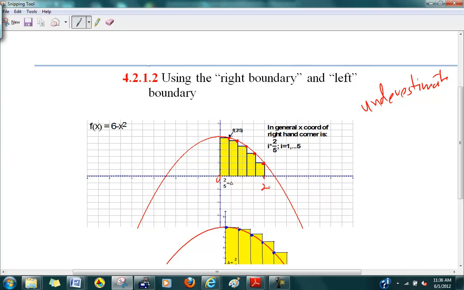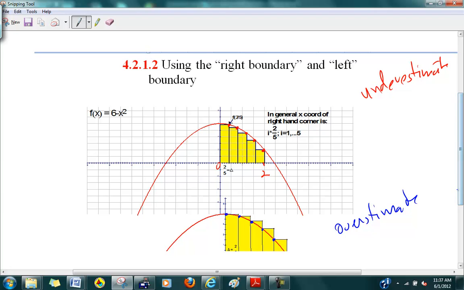And then if you look at the left boundary method, then you're going to overestimate, as the picture shows very clearly. The sum of the areas of the rectangles is going to be more than the area that you really need.